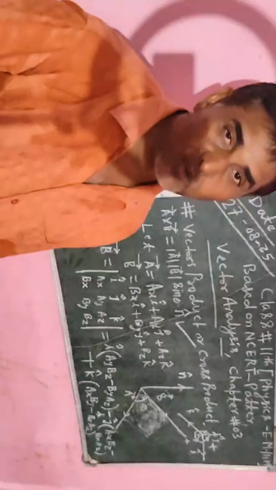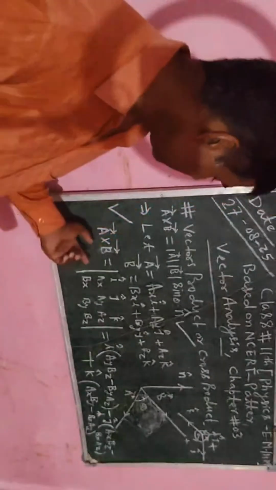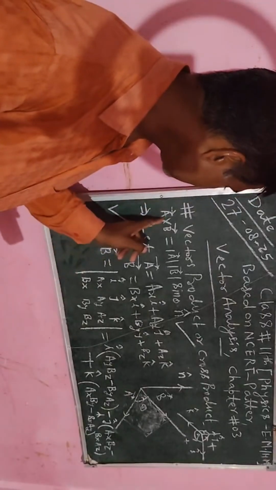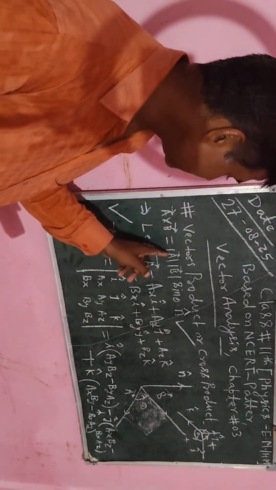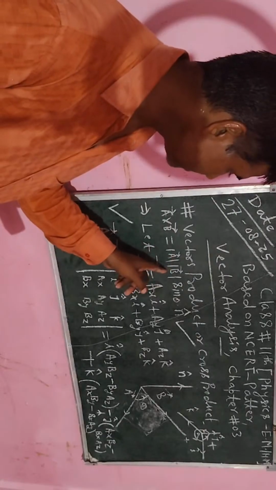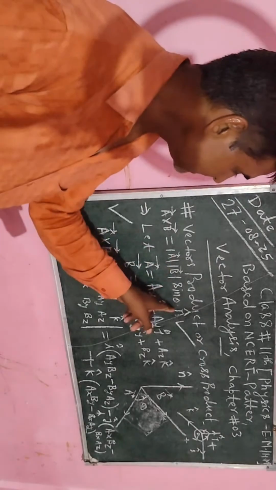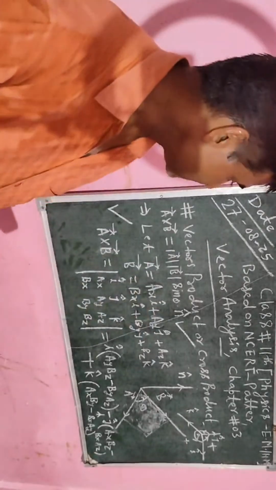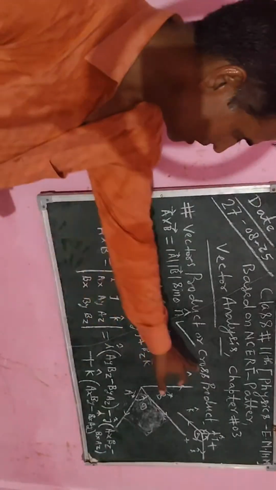Then I will get a value, and that value gives the magnitude of the vector a cross b, because a cross b is also written as the magnitude of a into the magnitude of b into sin theta, and n is the unit vector representing the direction of the vector product, or the direction of the cross product.